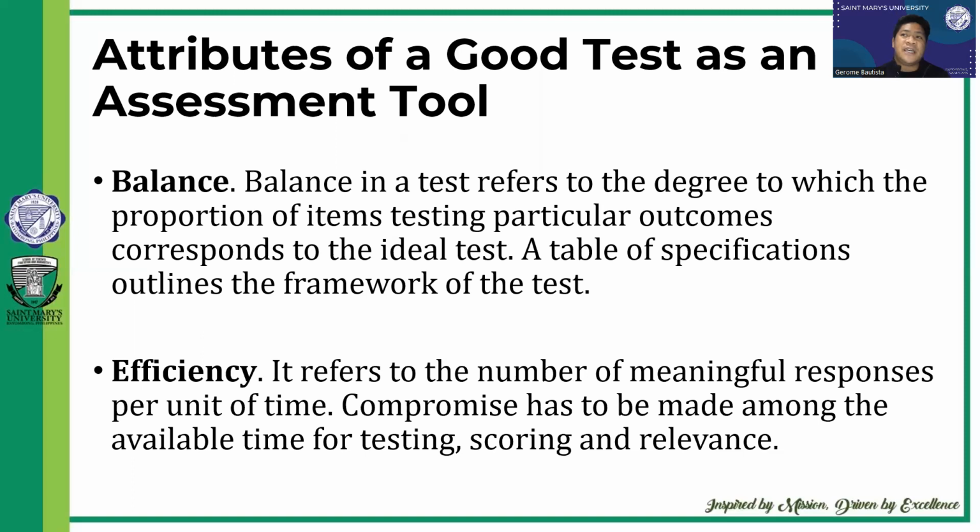For example, if the schedule for the test is only 60 minutes, what's the maximum number of items that we can give? Is it 60? Is it 50? Is it 70? Commonly, as a practice, I would suggest 1 minute per item. So if it is a 60-minute test schedule, the maximum for me would be 60 items.